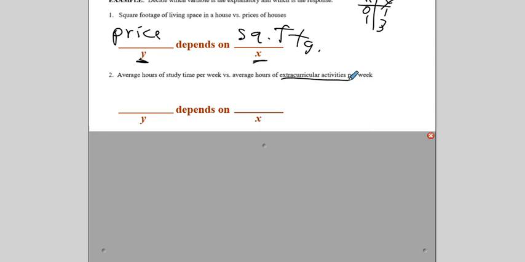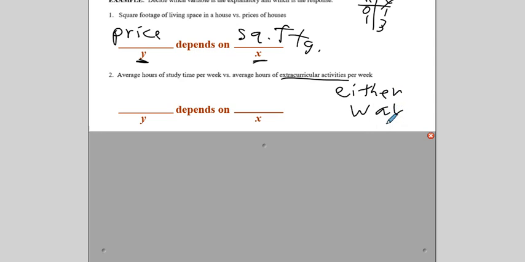But if your extracurricular activity is a sport, or a play practice, or music practice, well, that comes first, and then after you're done with that, you use the rest of your time to get homework done. So this one could go either way, depending on how you define extracurricular activities.